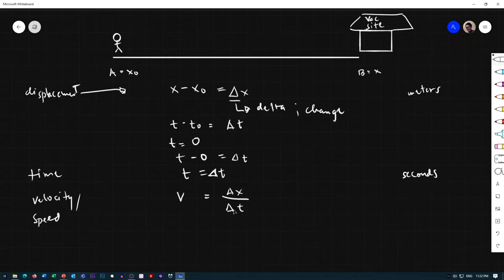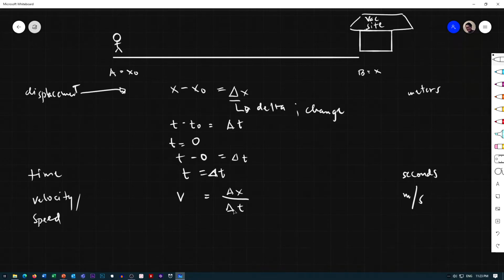You're going to see on certain occasions whenever we're solving a problem that velocity and speed are interchangeable. If it is mentioned that you have to look for the direction, it's okay. If not, it's okay as well. Either way, we're going to use velocity and speed interchangeably, although by definition, speed is scalar and velocity is vector. The unit for this is meters per second. This is the SI unit.